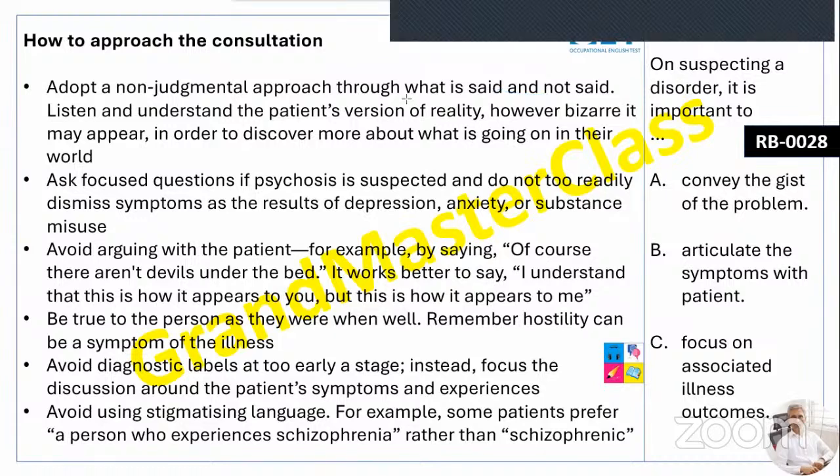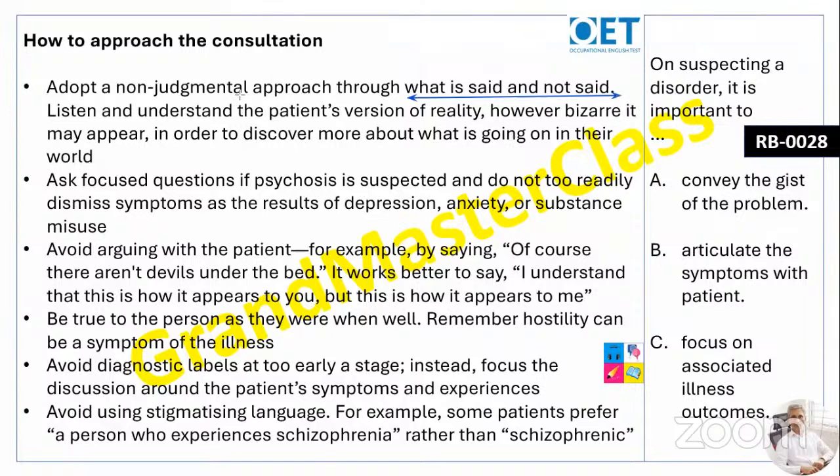So you can discuss with him. Then don't judge his points. Based on what he is telling, adopt a non-judgmental approach. That means you have to articulate, discuss, and negotiate.